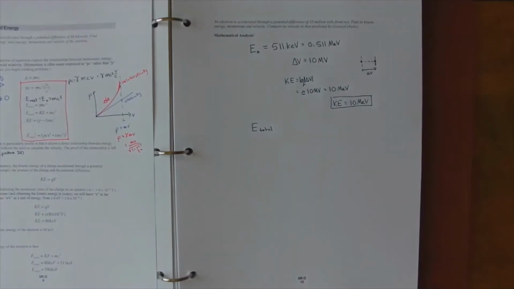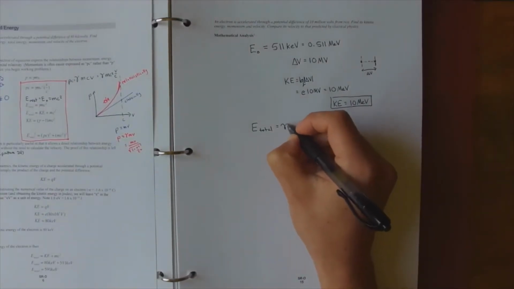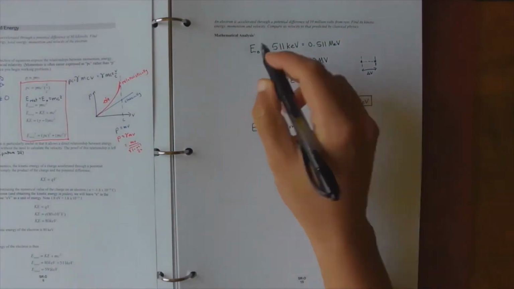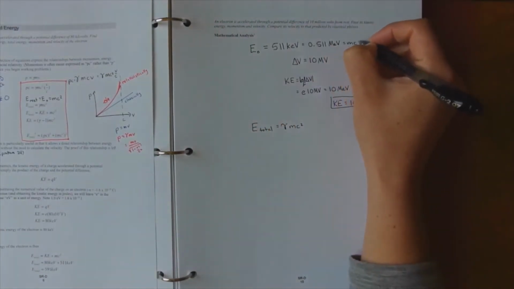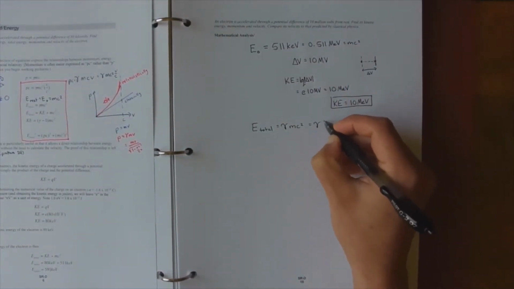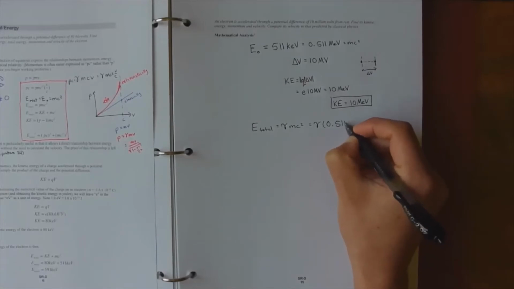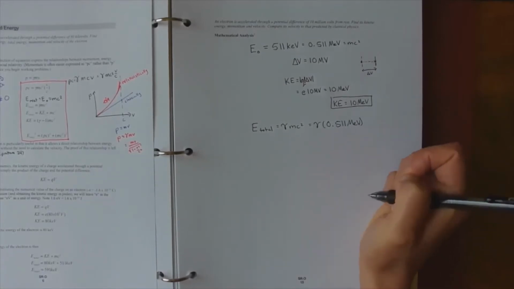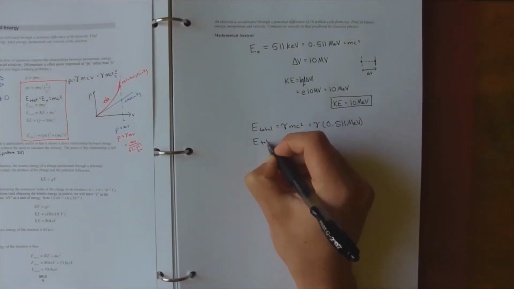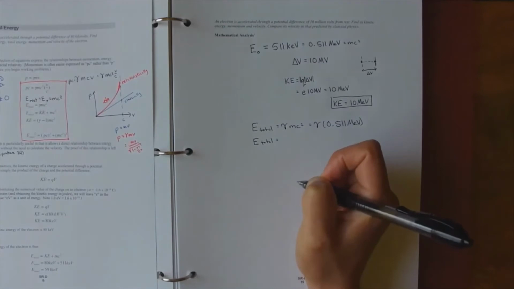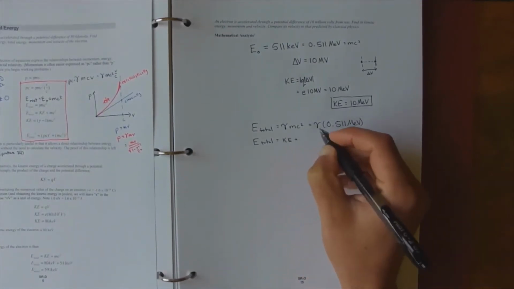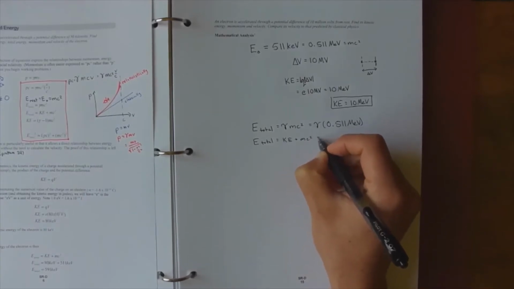So E total is equal to gamma times mc squared. Well, this is mc squared. So that's gamma times 0.511 mega electron volts. But E total is also equal to the kinetic energy plus the rest energy.